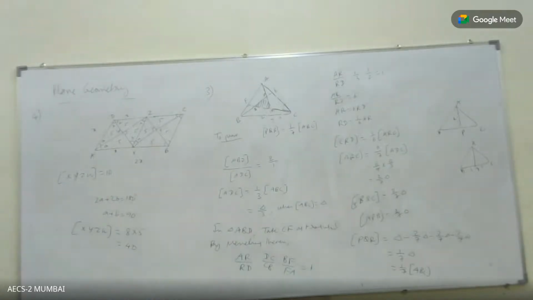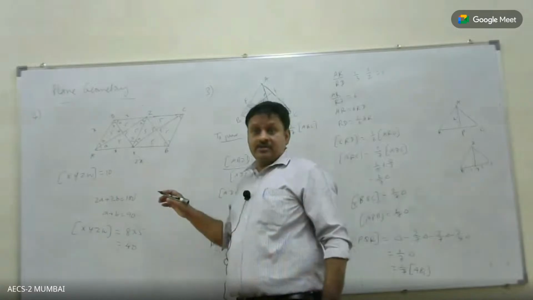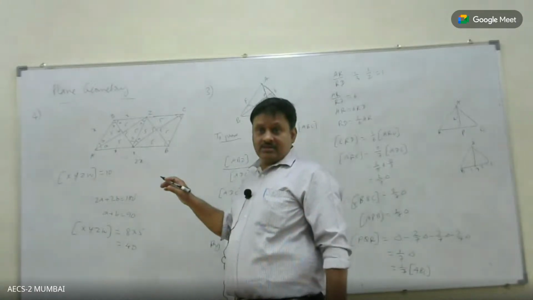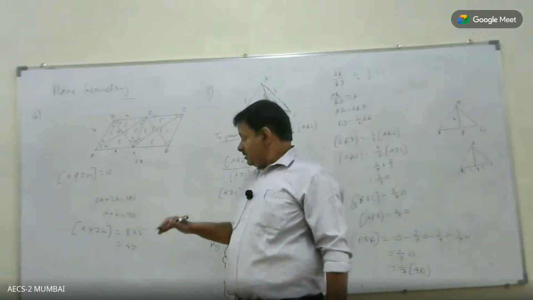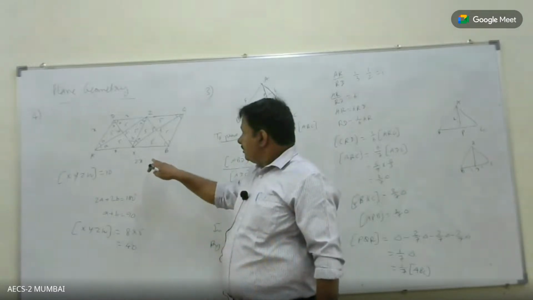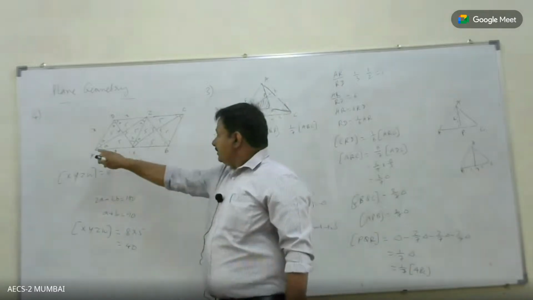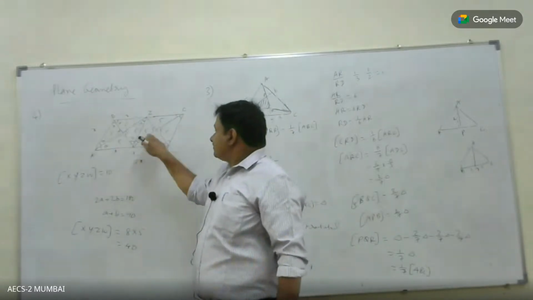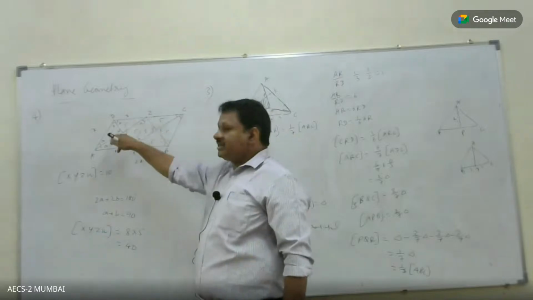Now question 5. Can you explain that? Which part? This one? No, like there were steps, no? This was a rhombus, this was a rectangle, then all the areas.